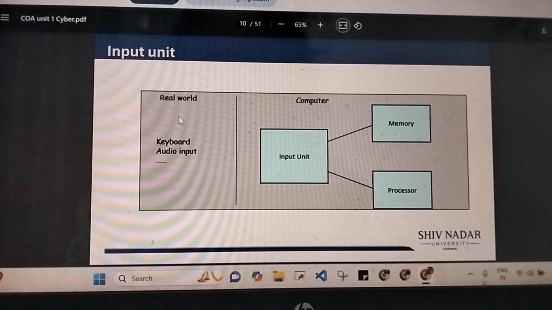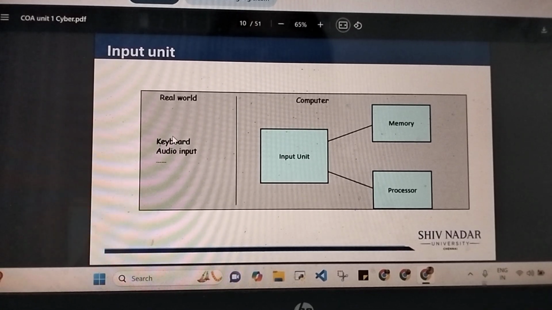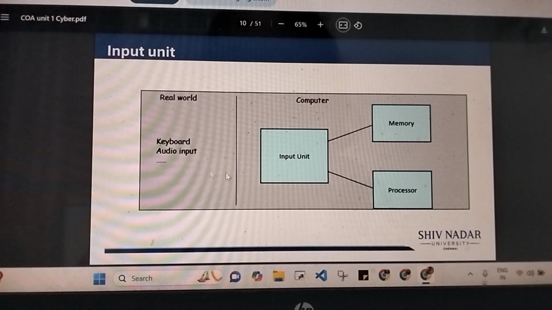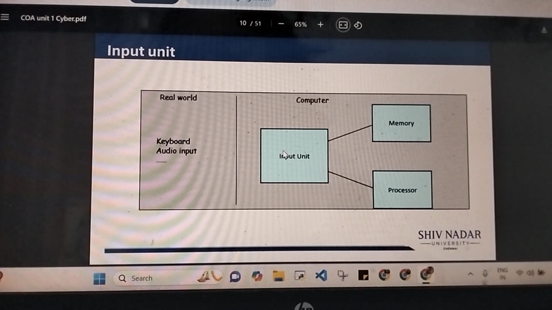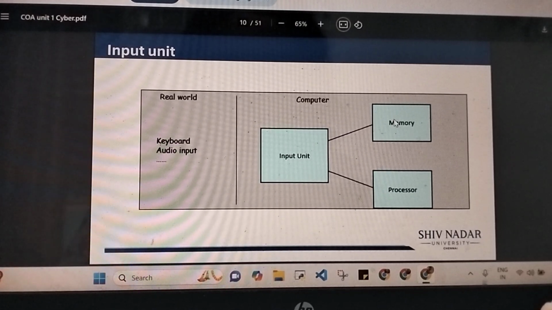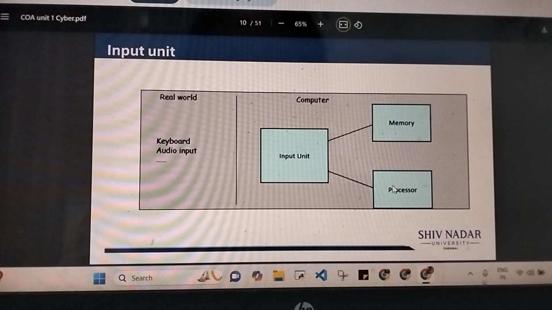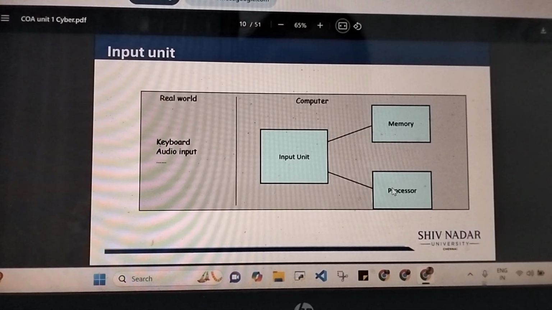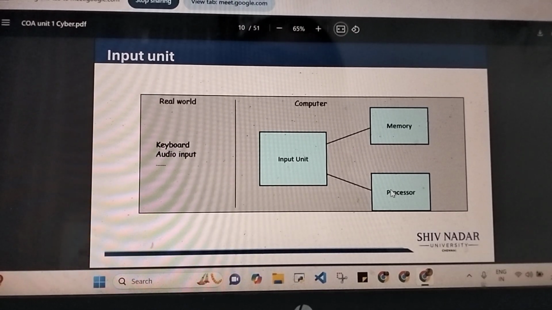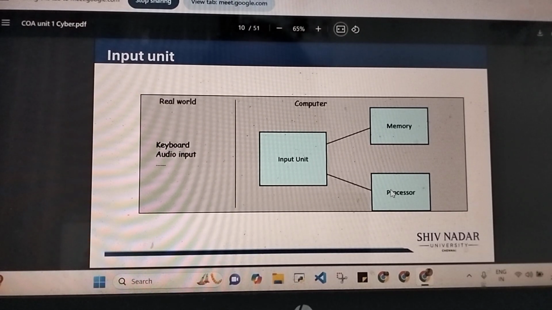The real world is the user here. The user gives their inputs to the input unit, which could be your keyboard, mouse, and so on. That input either goes to the memory and is stored there, or it is taken to the processor directly for some computation to take place. This is how the input unit acts as an interface between the user and the rest of the system.